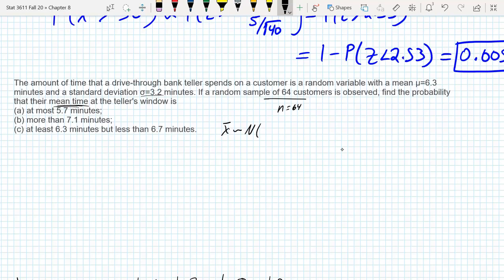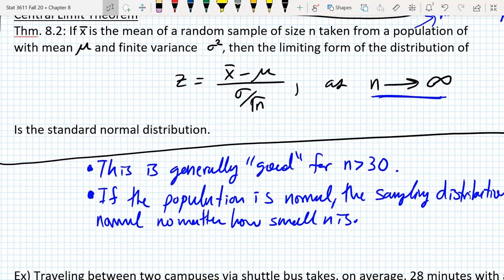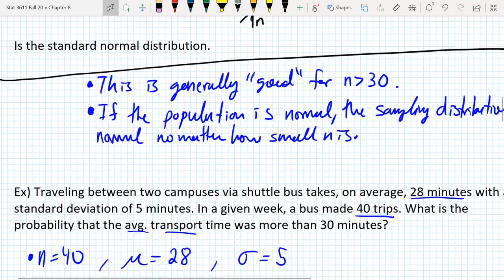And it's going to have a mean that is equal to the population mean, which in this case is 6.3. And we're given the population standard deviation is 3.2. And remember that the standard deviation of X bar, sigma of X bar, according to the central limit theorem, is equal to sigma over the square root of n.